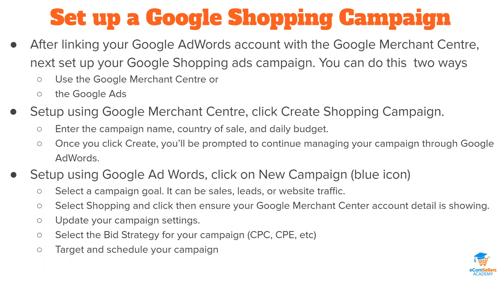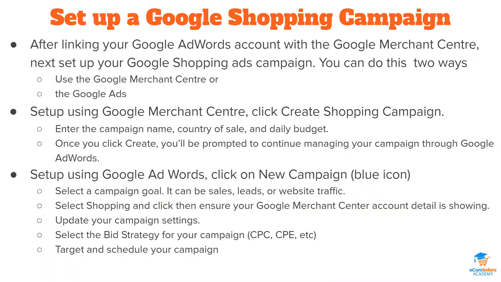So CPC is cost per click. In other words, to have your items show up in the listing, you only pay when somebody clicks. What is the cost per click for people to see your product and to click on it?